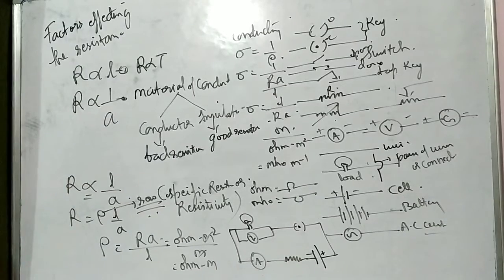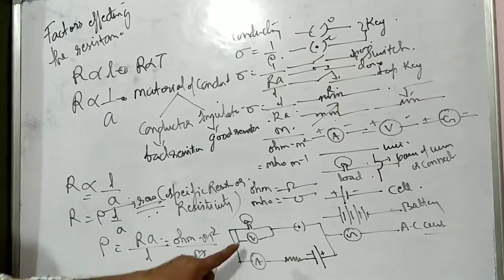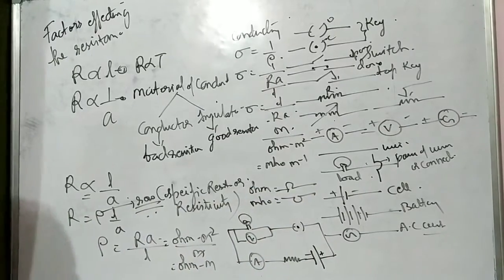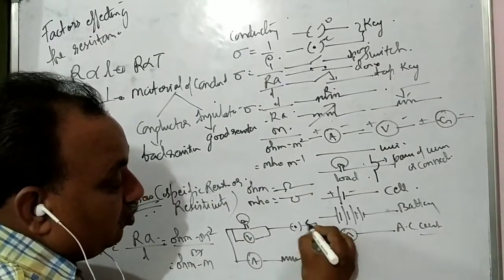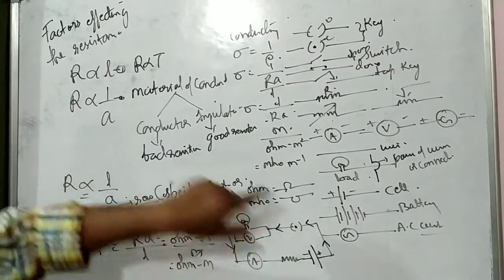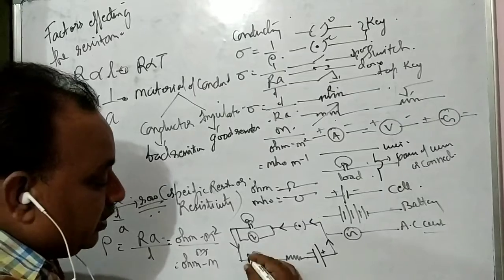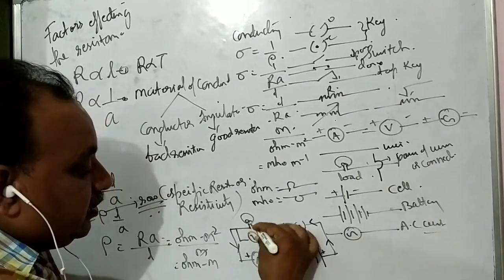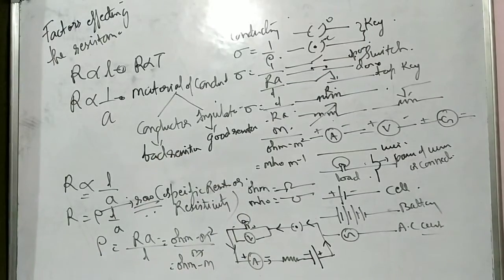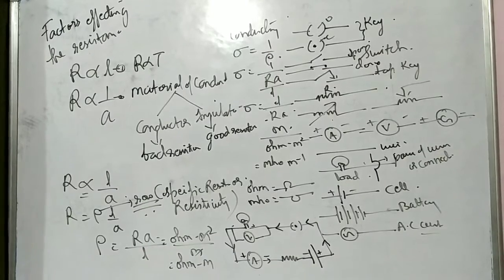This is the way in which the circuit is made. Voltmeter is always connected in parallel. Ammeter is always connected in series. This is the direction of flow of current, because it flows from the positive terminal and moves towards the negative terminal. These are the symbols used in making circuits. Is this clear?